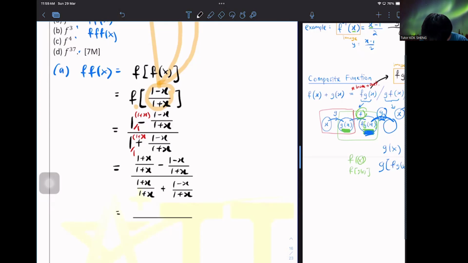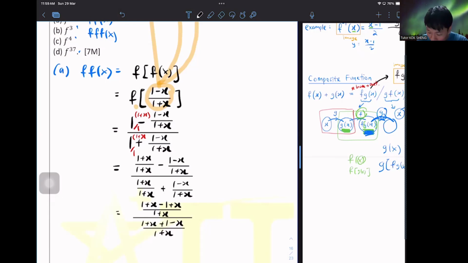So you have the same denominator. You can combine the fraction already, like this. There's a fraction on top of another fraction.